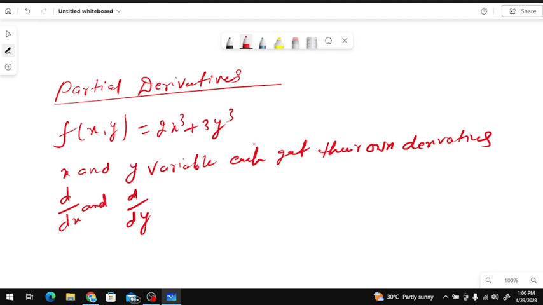So let's see how we calculate this in SymPy. First let's do it by hand. I am going to the first partial derivative.